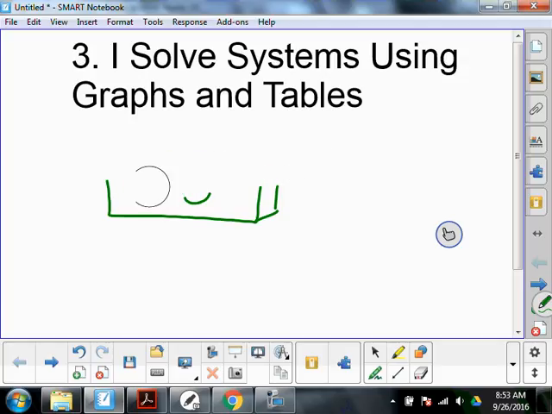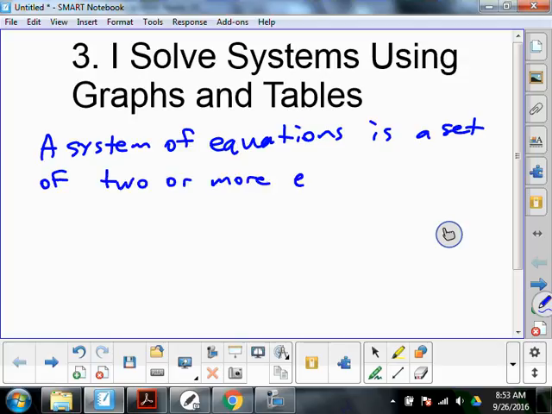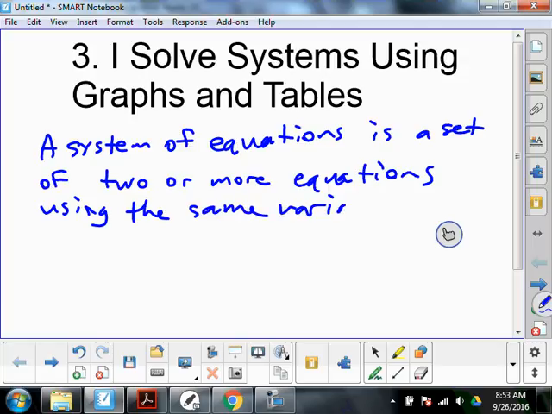Okay, so here's what I'd write down. A system of equations is a set of not one, but two or more equations using the same variables.